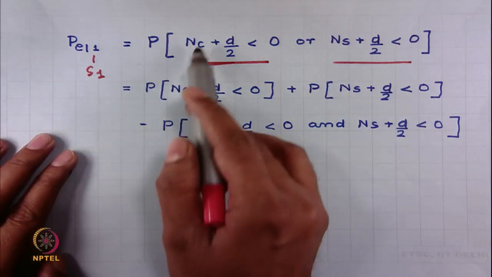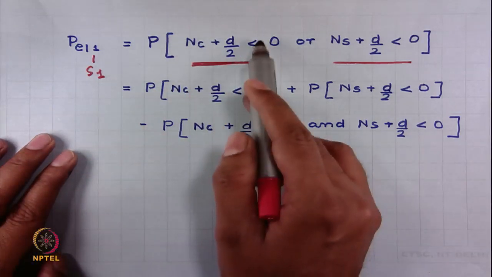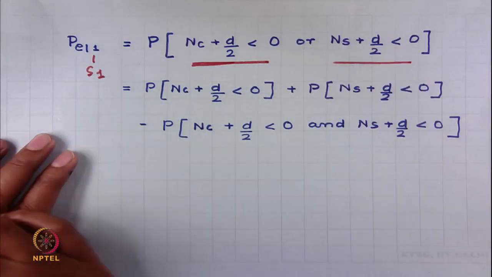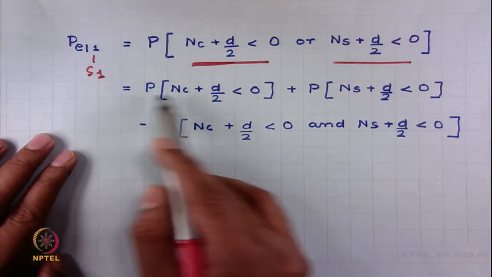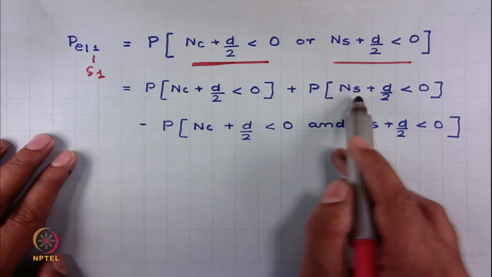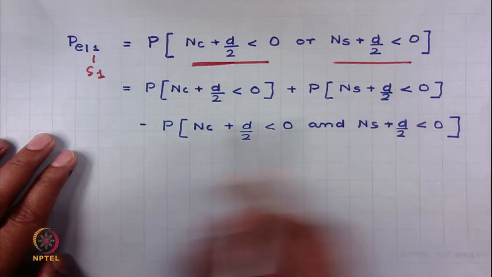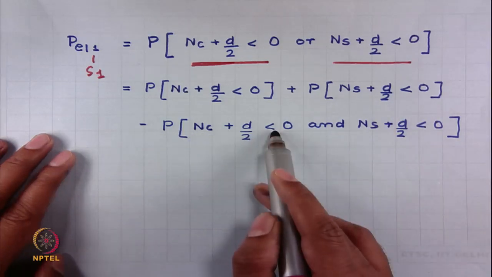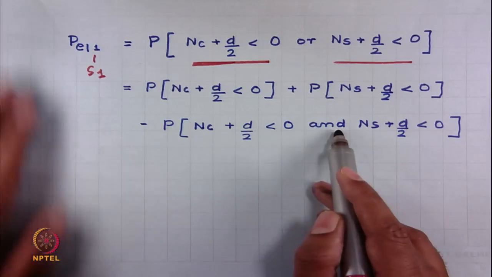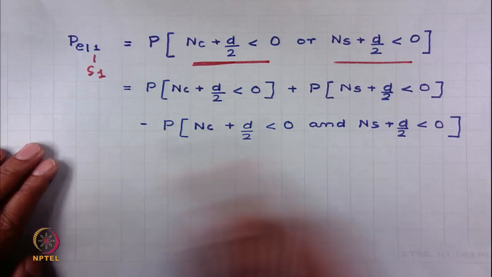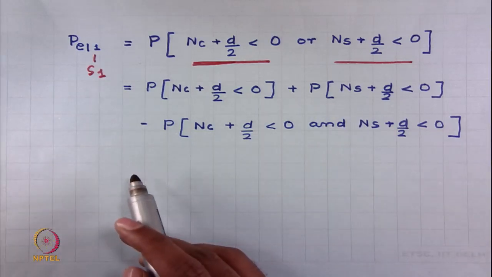So, probability of NC plus d by 2 less than 0 or NS plus d by 2 less than 0 is simply probability of NC plus d by 2 being less than 0 plus probability of NS plus d by 2 being less than 0 minus probability of NC plus d by 2 being less than 0 and NS plus d by 2 being less than 0. Let us understand why this is.